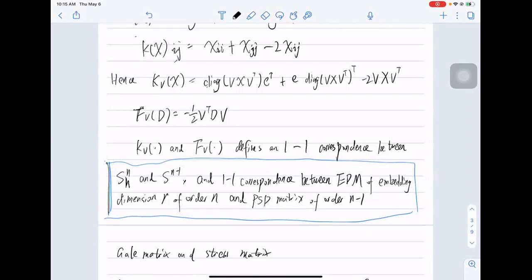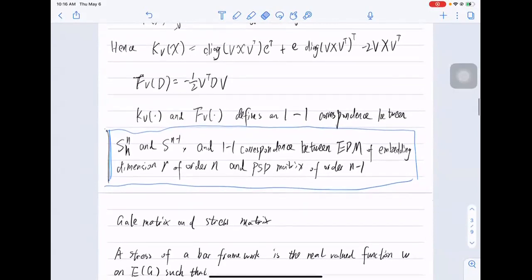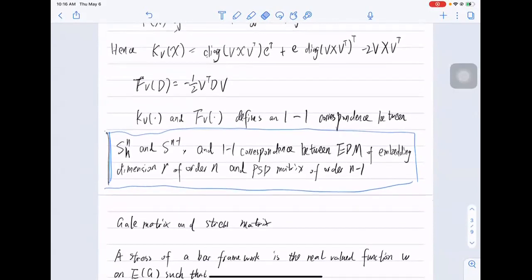We use this one-to-one mapping between EDM matrices of order n and PSD matrices of order n minus 1 to study the stress matrix. Okay. So far, are there any questions about this stuff?